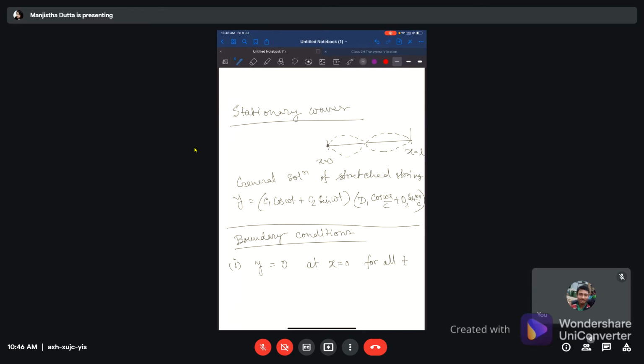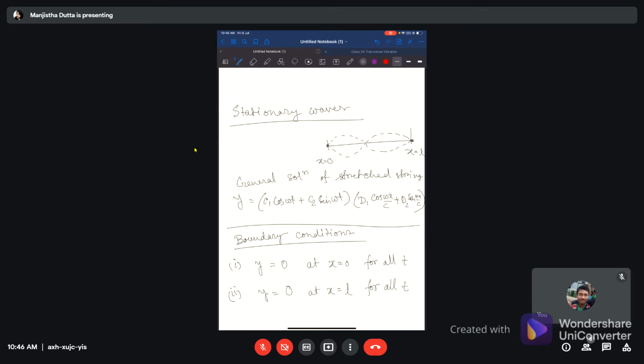The second boundary condition: y equal to 0 at x equal to L, the other end of the string. It will also behave as a node for all t. So these are our two conditions.